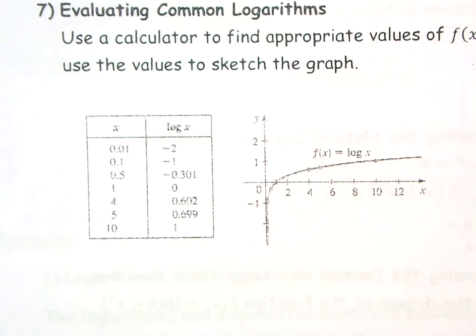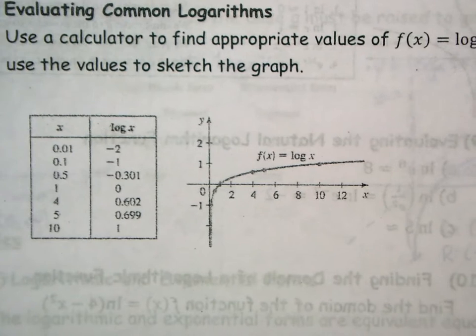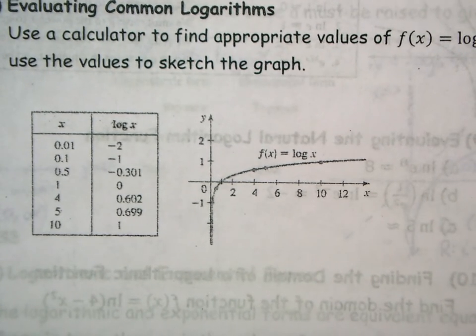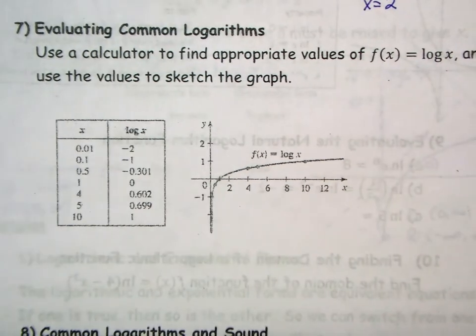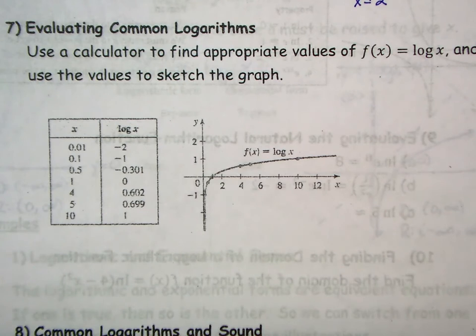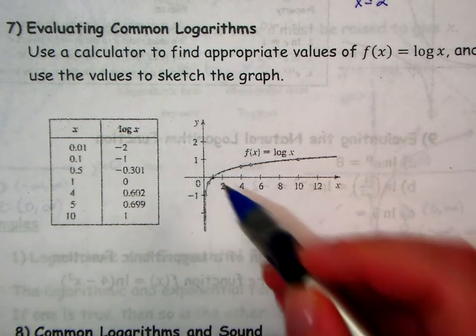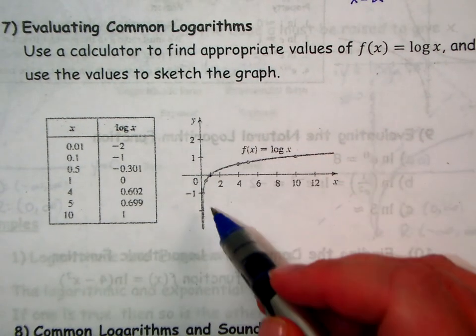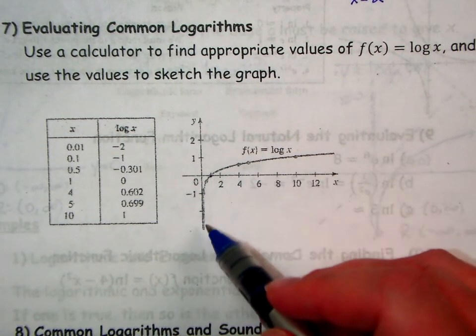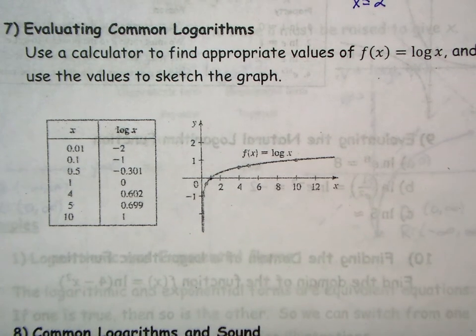And I'm going to leave it there. So graphing a common log is the same as it was before. It's going to go through 1, 0. It's going to have a vertical asymptote at 0, and it's just going to have that logarithmic shape. Everything about it is the same.